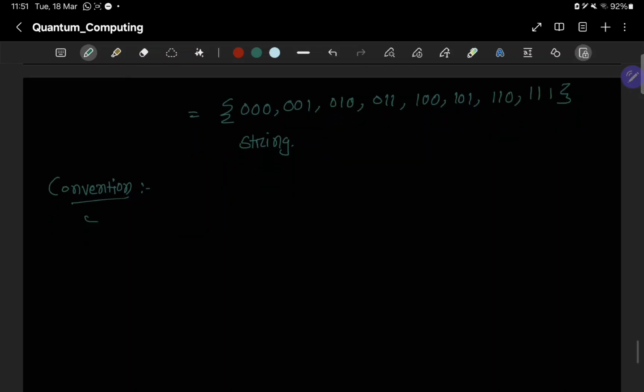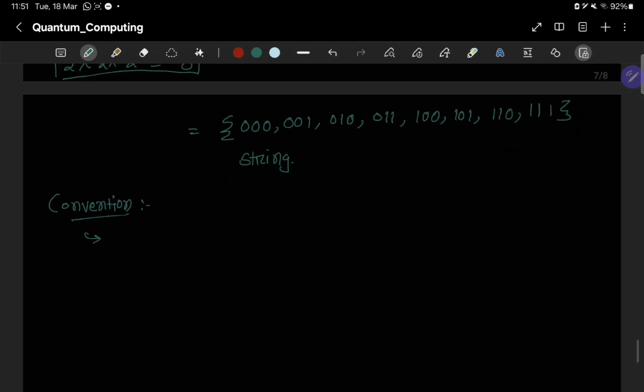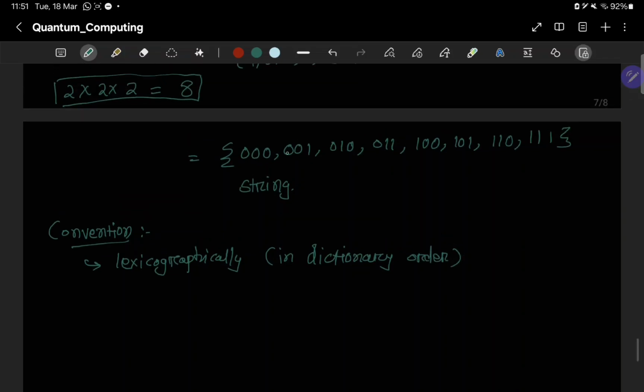We sequence the states lexicographically, which basically means in dictionary order. Like here you can see, first we started with 0, then went on to 1. Actually we should see it from the last digit, so it is 0, 1, 0, 1 like that.